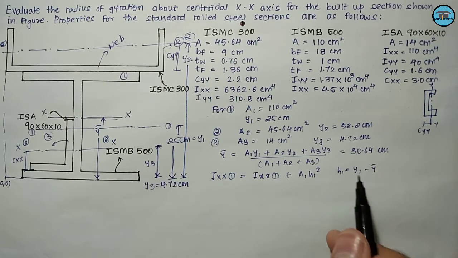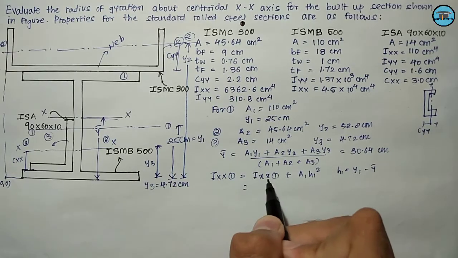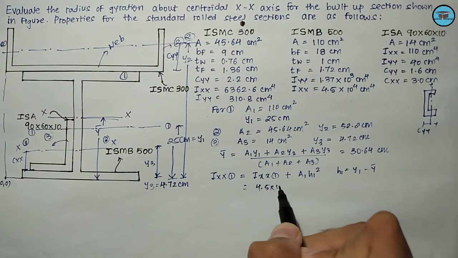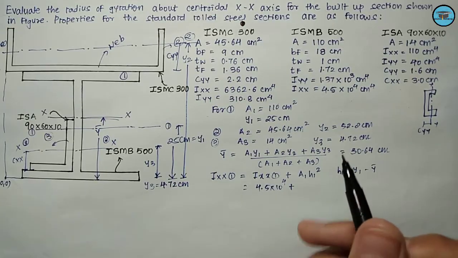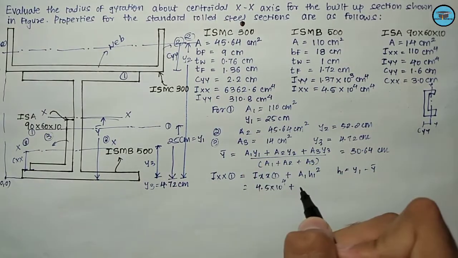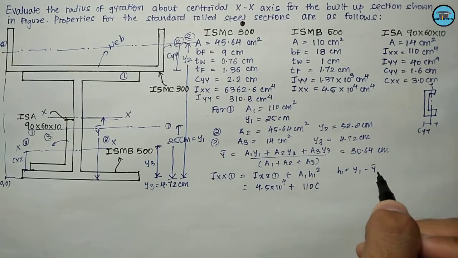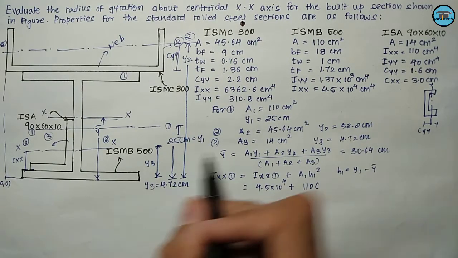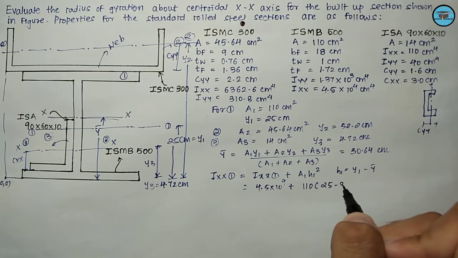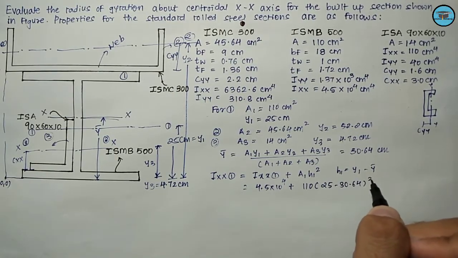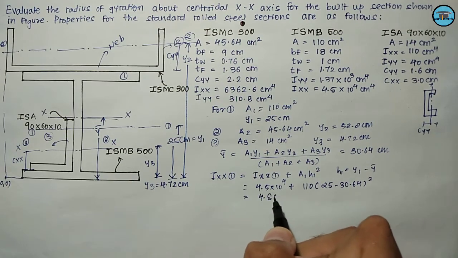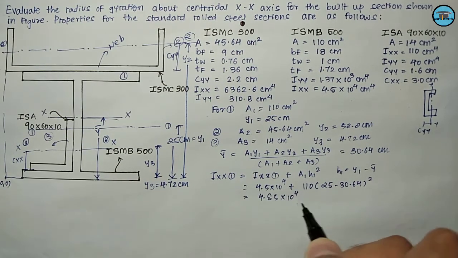We can also write as y bar minus y1, and Ixx1 is given as 4.5 into 10 raised to 4. So 4.5 into 10 raised to 4 plus a1, that is 110 into y1 minus y bar whole square, and y1 is nothing but 25. So 25 minus 30.64 whole square. So we will be getting the value of Ixx1 as somewhat 4.85 into 10 raised to 4 centimeter raised to 4.